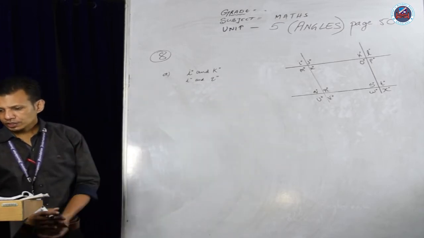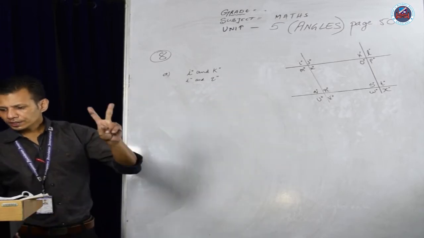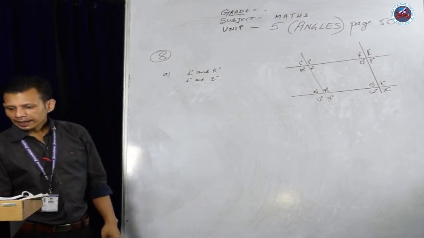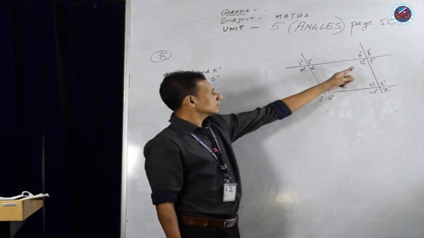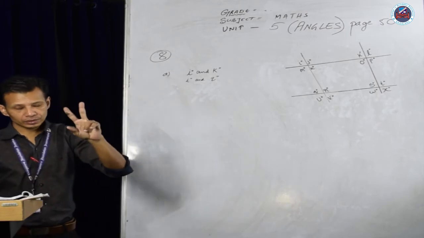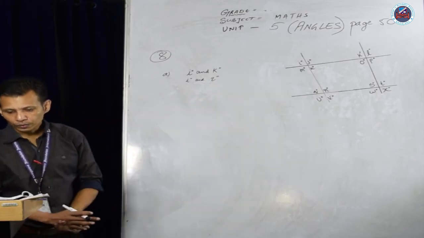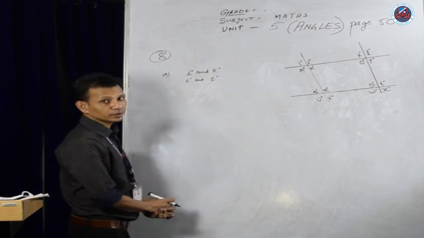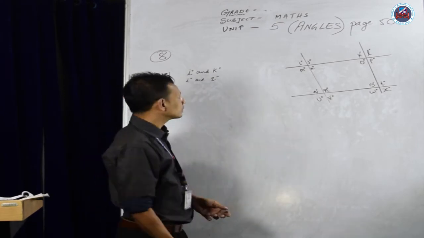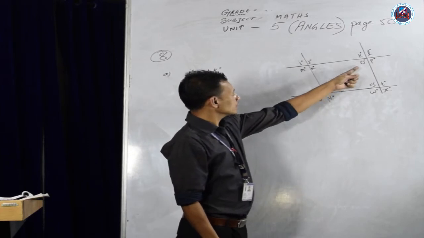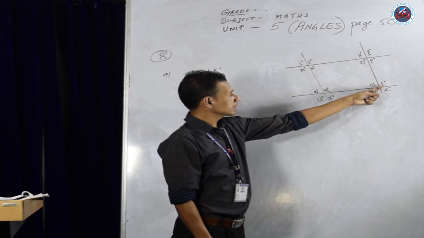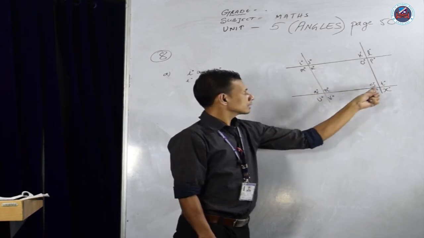Okay? The next question says, write down two pairs of alternate angles that include the angle marked O. Now again you have to write two pairs of alternate angles that include angle O. When you look at this, alternate of O is T. That's it.